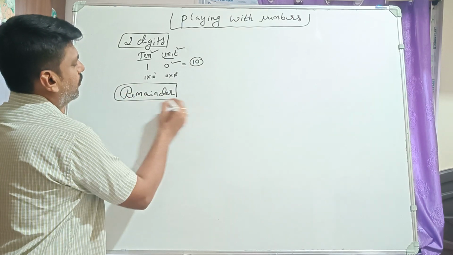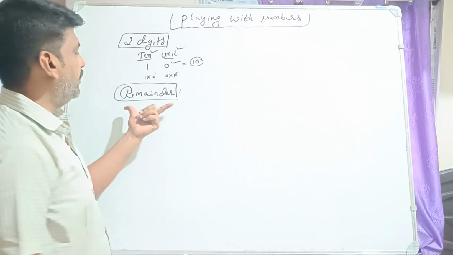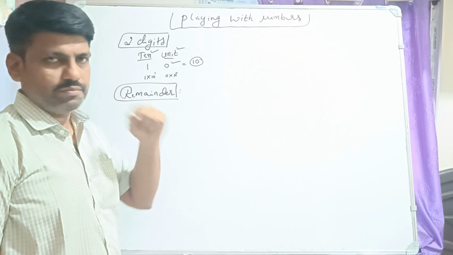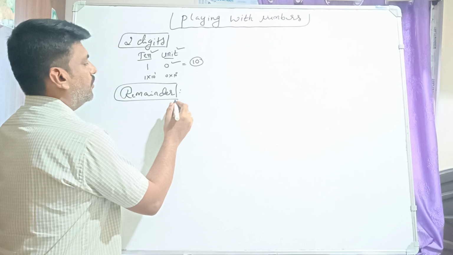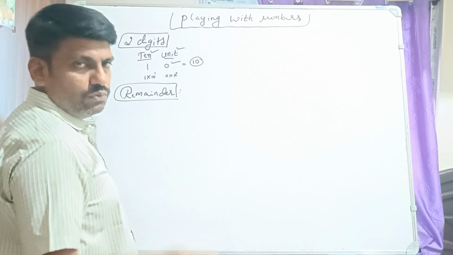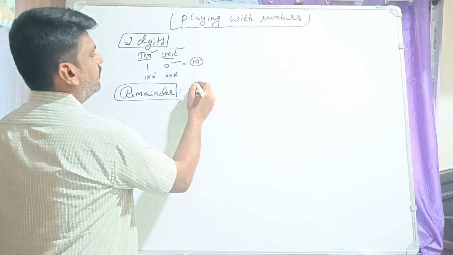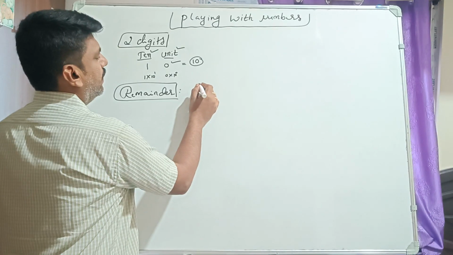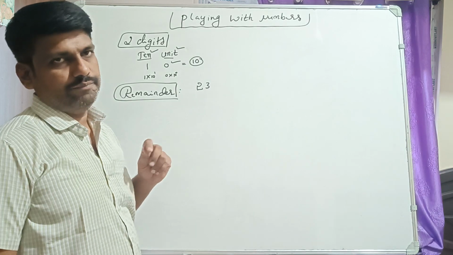They are going to give you a two-digit number, and they are asking you to find the remainder. Suppose I tell you to take a two-digit number like 23.